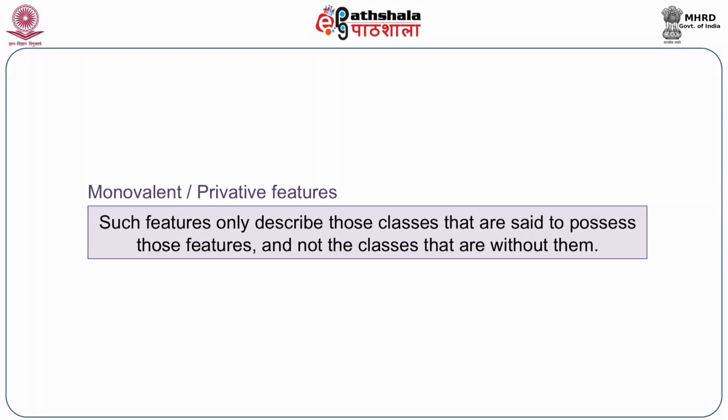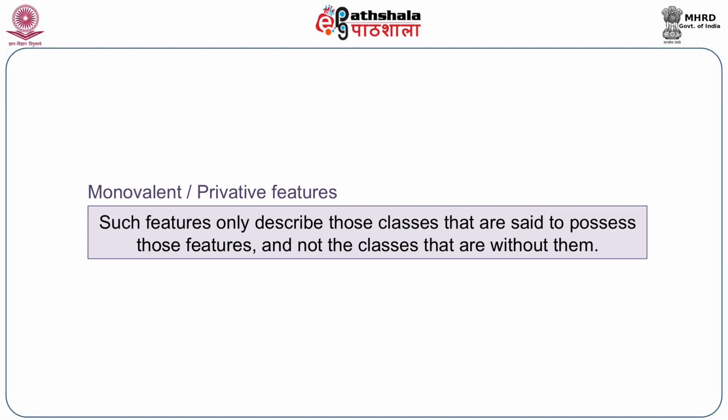A univalent feature describes only those classes which are said to possess a particular parameter. There is no statement about the absence of the features. So in other words, they only express the plus values of the binary features that we use.